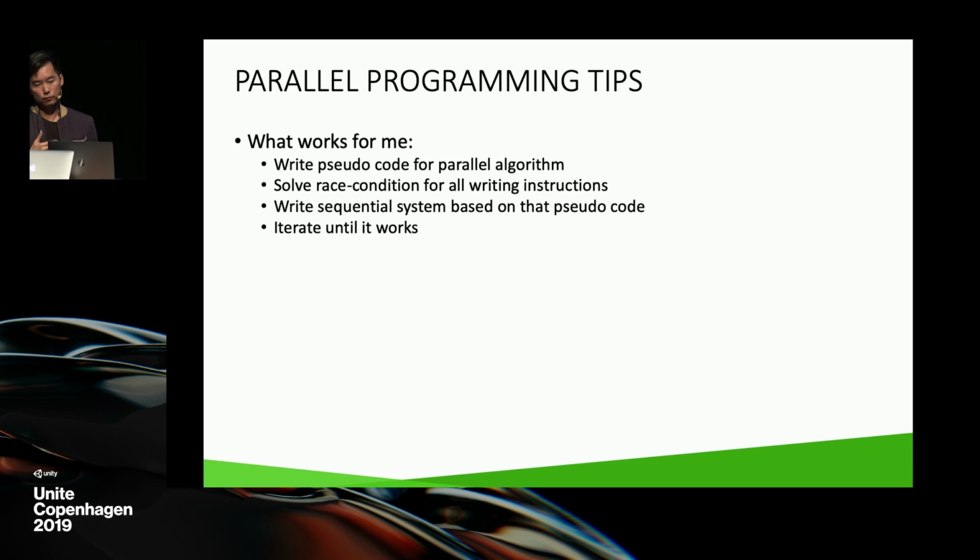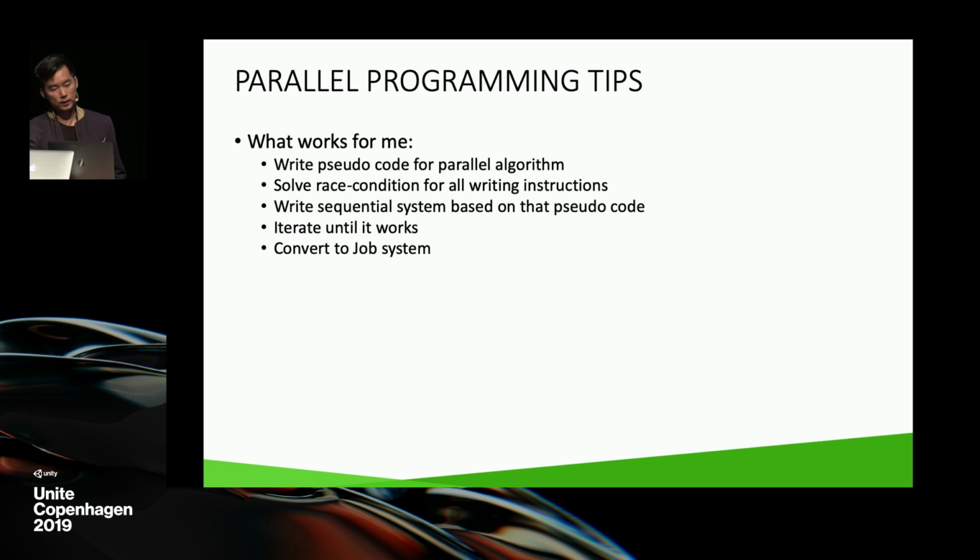And with this sequential system, we iterate until it works, because just like generic game programming experience, your code does not work on the first go, and you may miss some of the edge cases. So we need to iterate this sequential version until it covers all the edge cases, and only then I convert it to a job system.